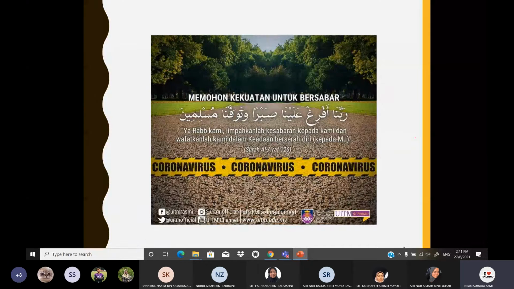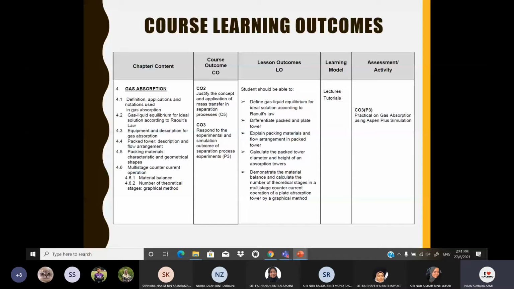Before we start, we also have to know the course learning outcome. This chapter, gas absorption, will consist of 6 subtopics: 4.1, 4.2, 4.3, 4.4, 4.5, 4.6. For 4.1, the definition, application, and notation used in gas absorption.